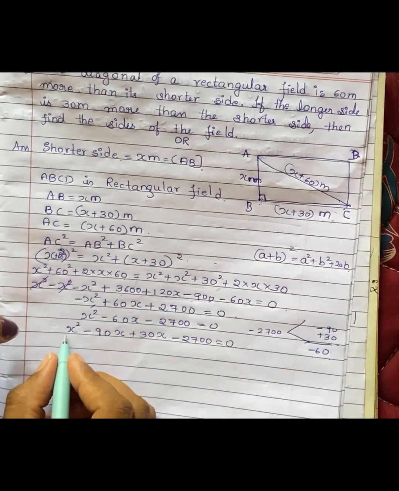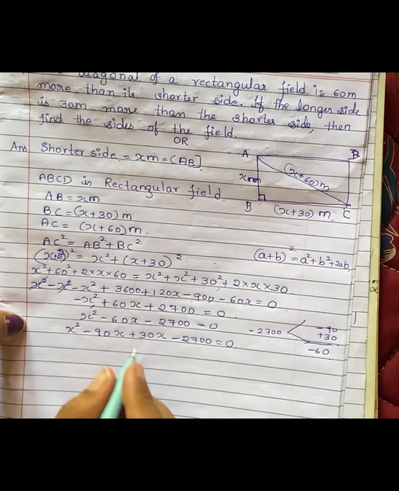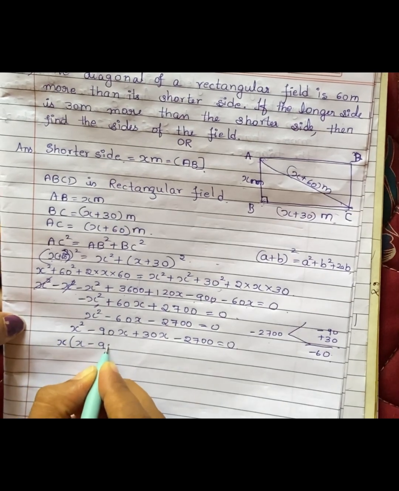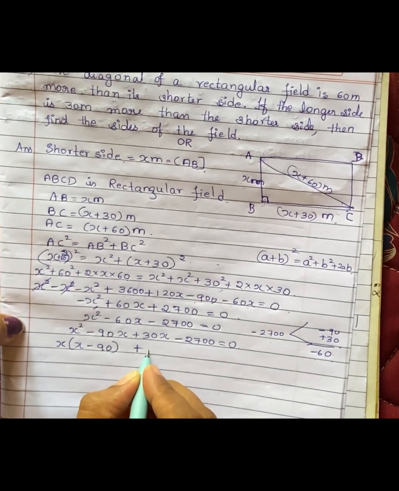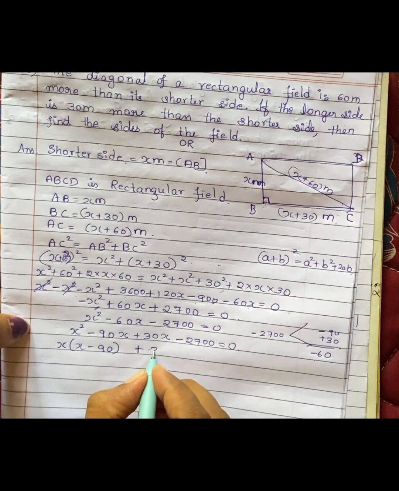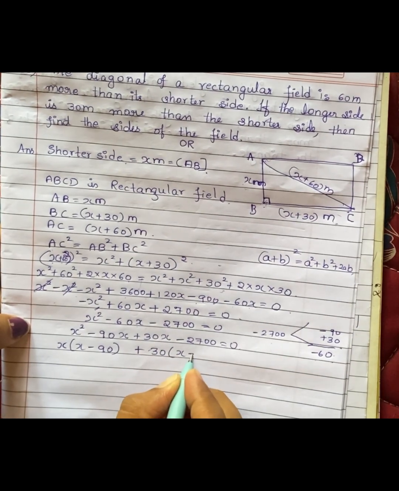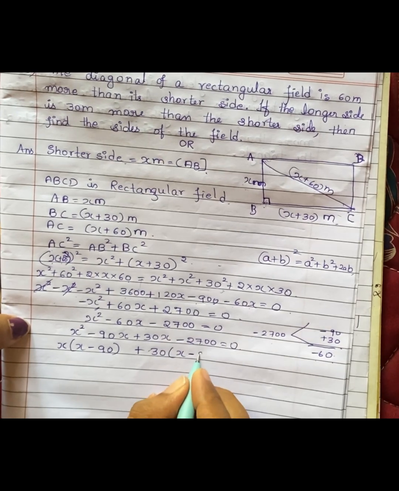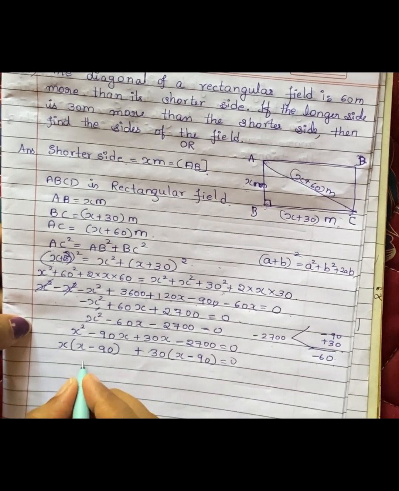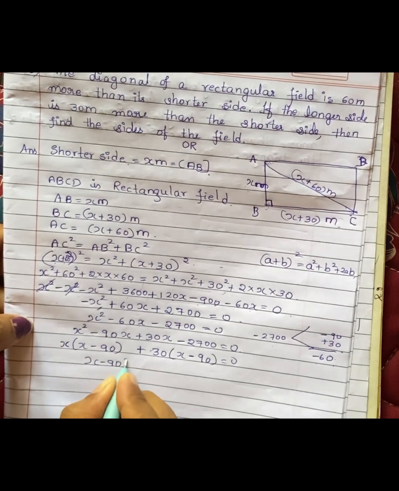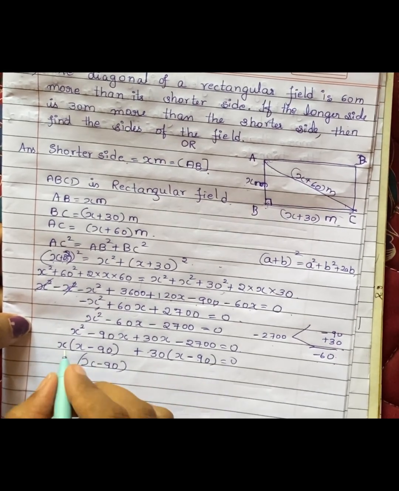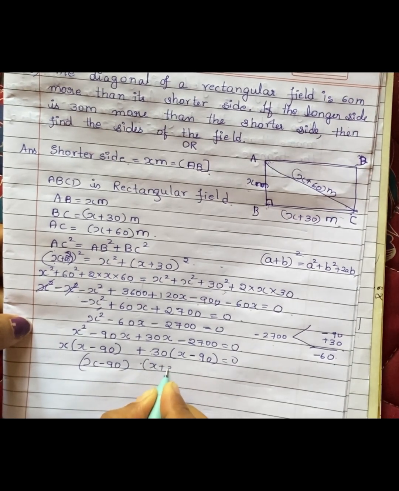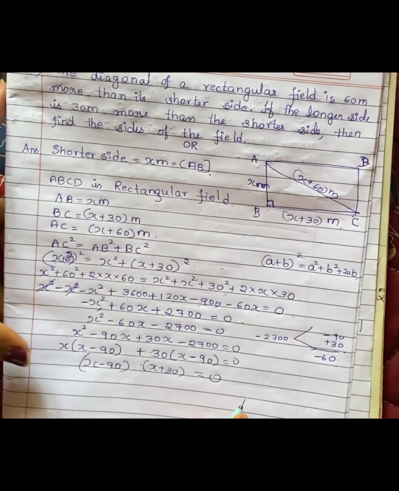Now I'll take common factors. I'll take x as common from the first two terms, x minus 90, plus I'll take 30 as common, so x minus 90, since 30 times 90 is 2700. So the two factors are x minus 90 and x plus 30, equal to 0.